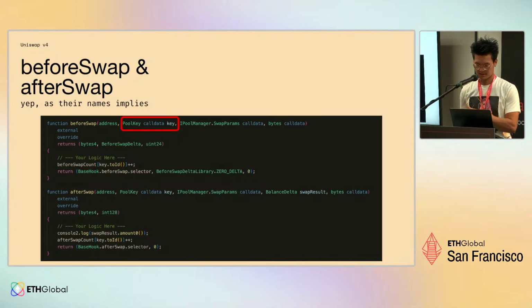And so you can discern different logic dependent on the pool. In after swap, you actually get the results of the swap. So you get both how many tokens were sent in and how many tokens were going to be sent out. And so you could run logic on that where, if you wanted to do bonus rewards or collect fees on your hook proportional to the swap result, you could do that as well.